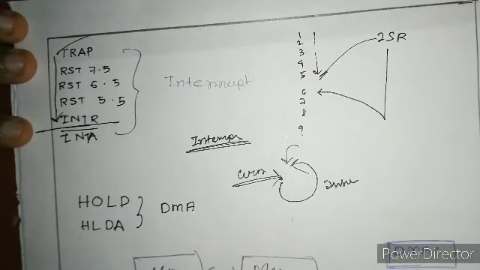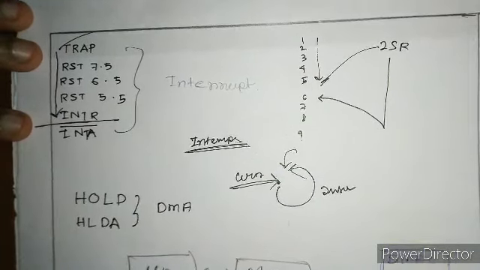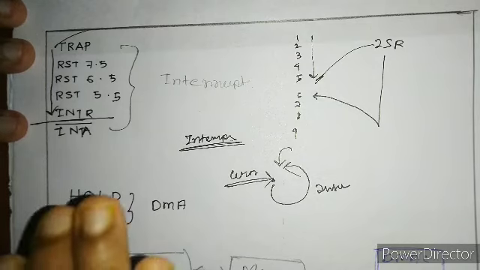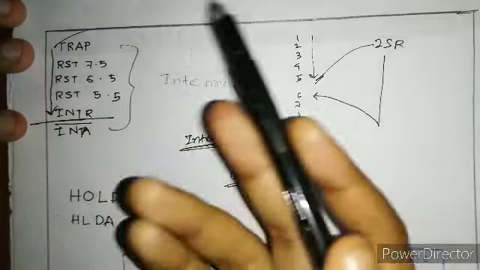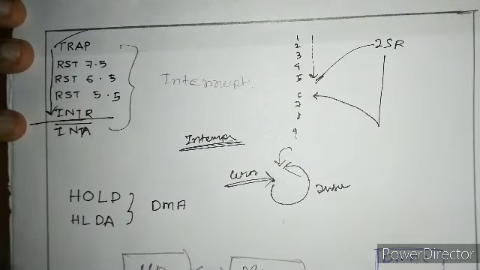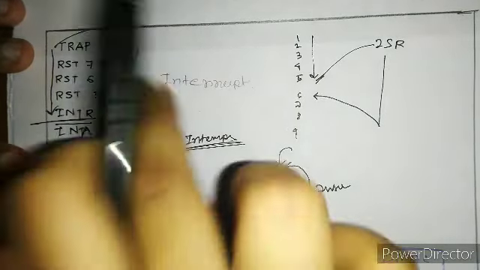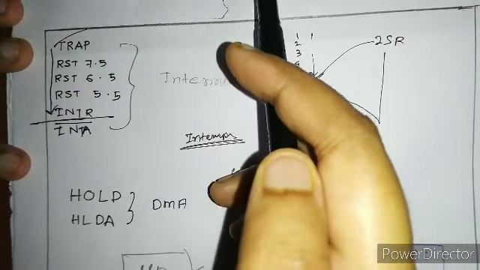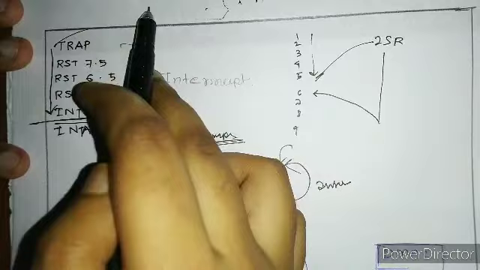Let me give you more examples. Suppose you're playing some game on your mobile, and suddenly a call comes. The call will not wait for you to finish the game. The microprocessor will send the notification that someone is calling you. Once you touch it, the microprocessor gets a signal that he or she wants to receive the call, performs the operation, and leaves the game.